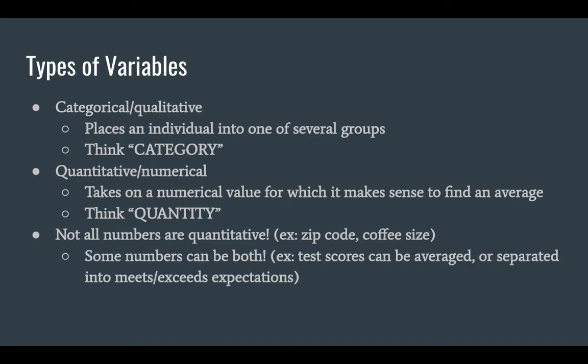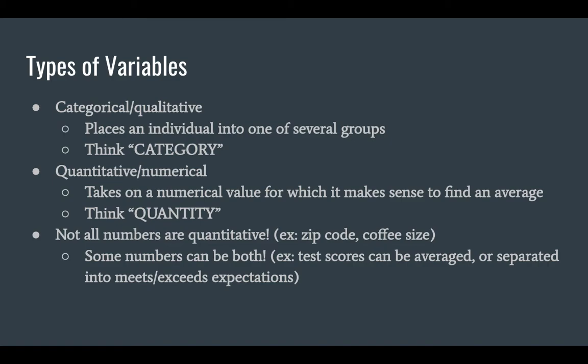Similarly, some numbers can be both categorical and quantitative. For example, if you think of your STAR test score, you definitely got a value. We can find the average test score, or we can separate those scores into ranges that we describe by categories.